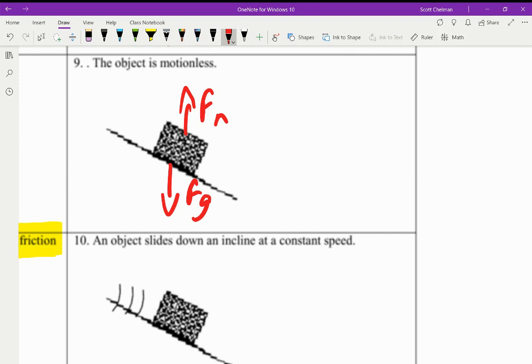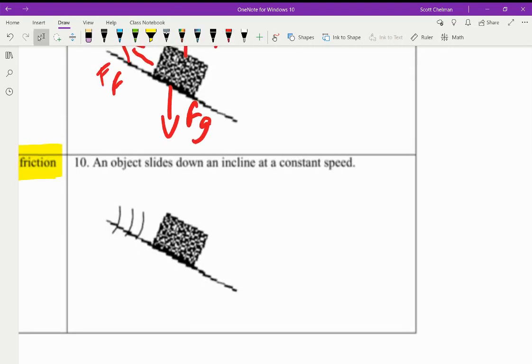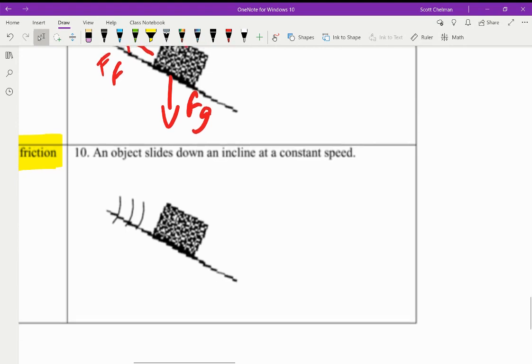Because it's stopping it from going down the ramp. What would that be? Friction, right? You'd have a bit of friction going this way, which would oppose that motion. Got it? All right, good.